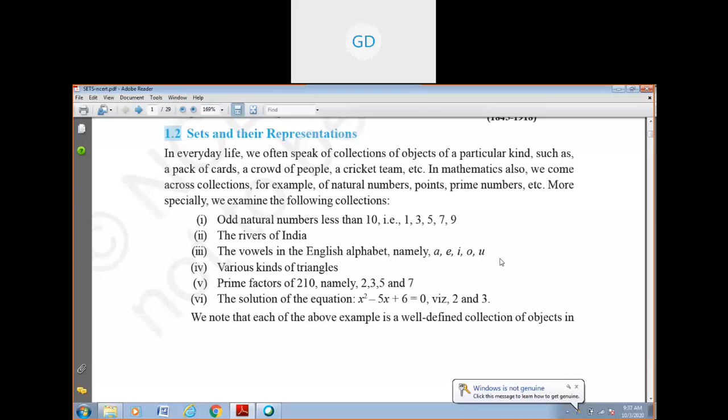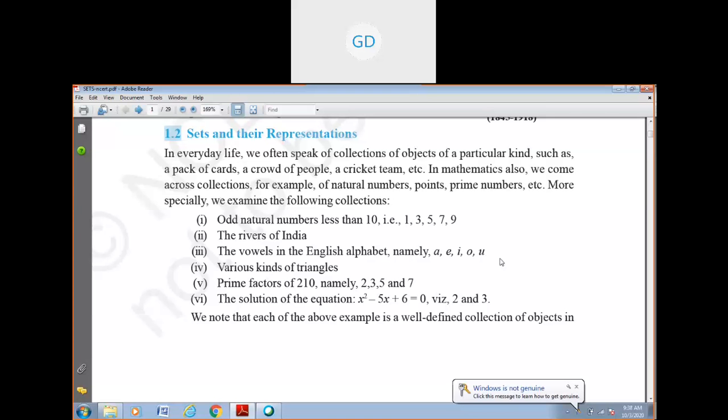So collection of new Hindi films is not well defined. Which is new and which is older, exactly from which date? After that date, whatever films released, are these known as new? Definitely not. So that means this collection is not well defined.